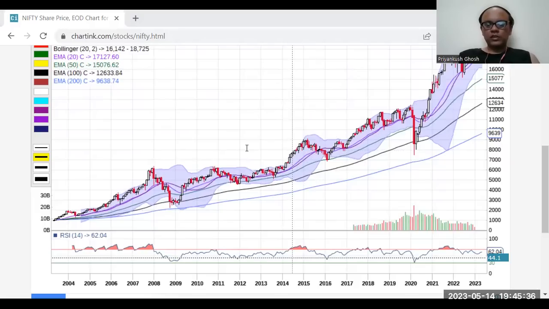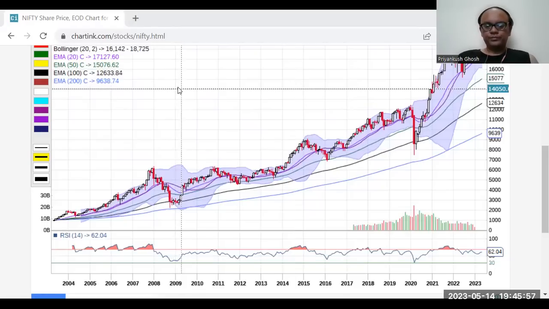This is also 6 years, 100% return. So what is the difference between these 6 years and these 6 years? In the first 6 years, market was sideways, in the next 6 years, market was uptrend. ठीक है? Up, right?